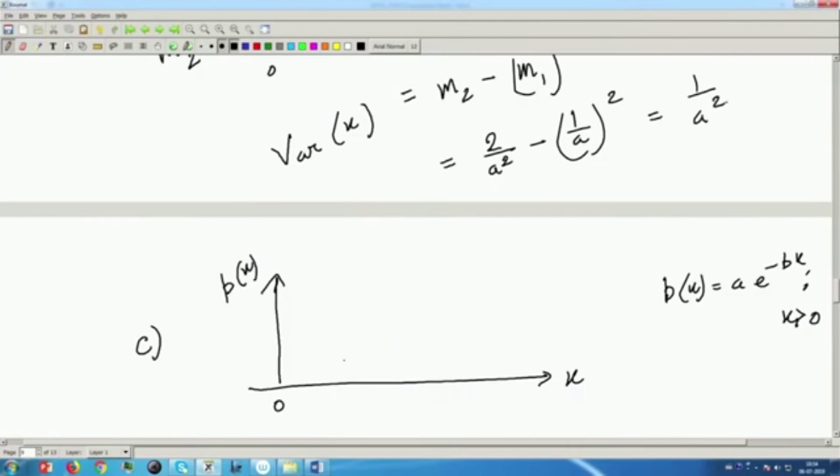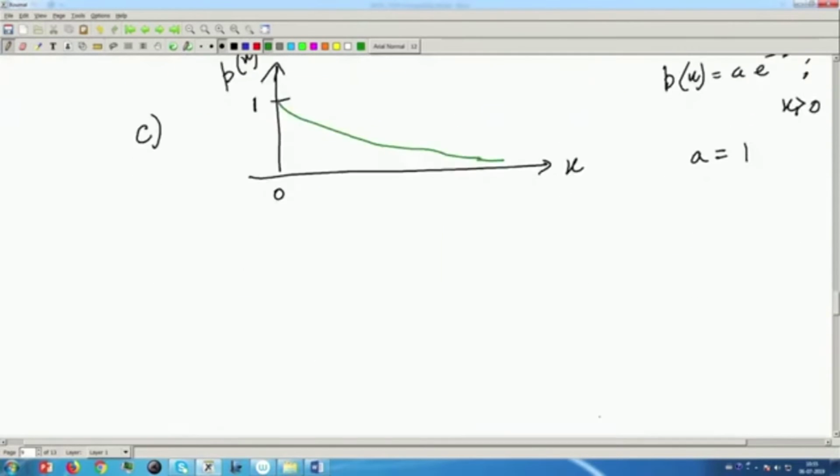That will be 1, for a equal to 1, as given; otherwise it would depend on a. Since a and b are the same, it is e^(-x). So, the shape will be something like this. It never goes to 0, but it falls exponentially, as simple as that.